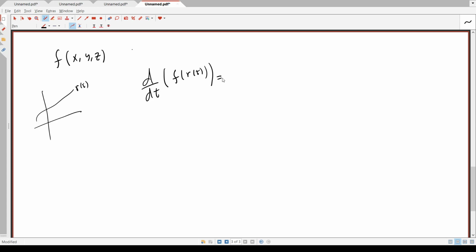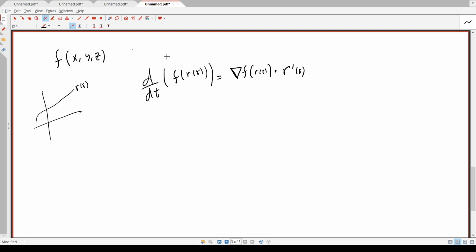So this is going to be equal to the gradient of f at r of t times r prime of t. I just want to remember that fact for a second.